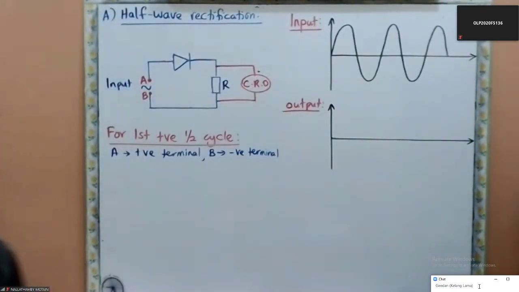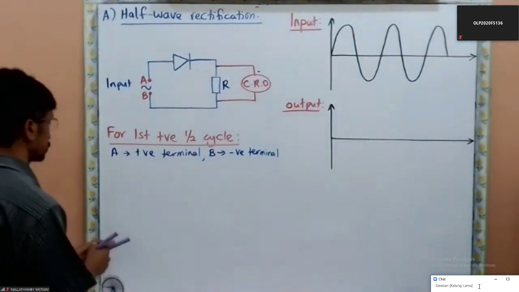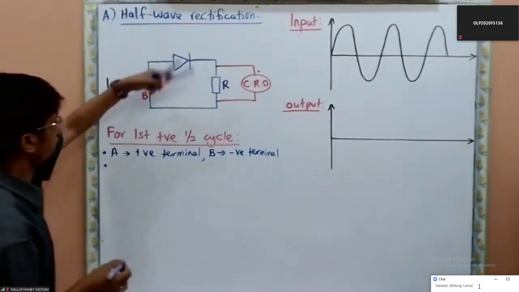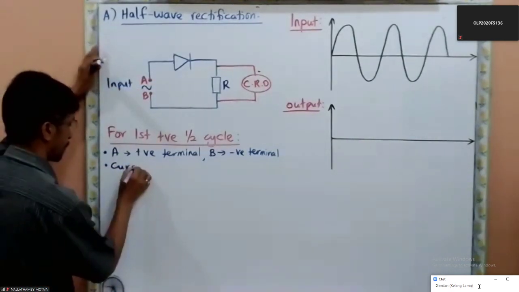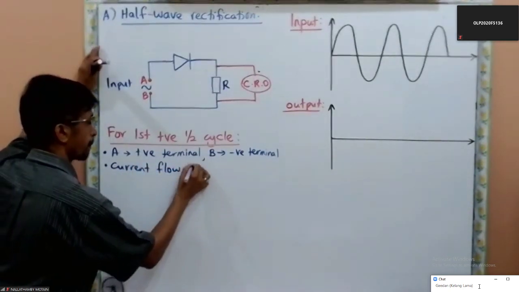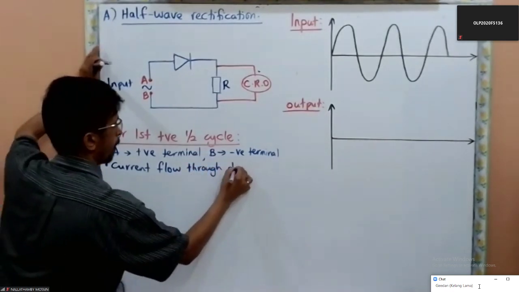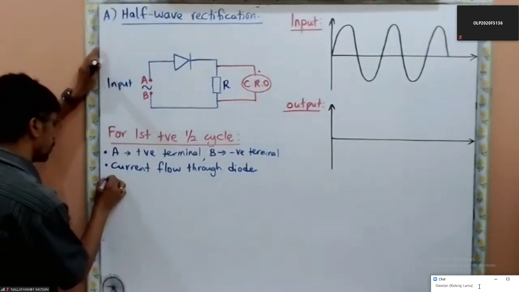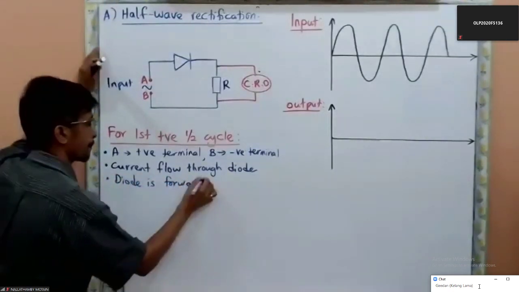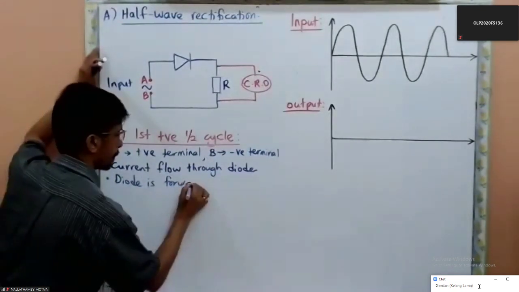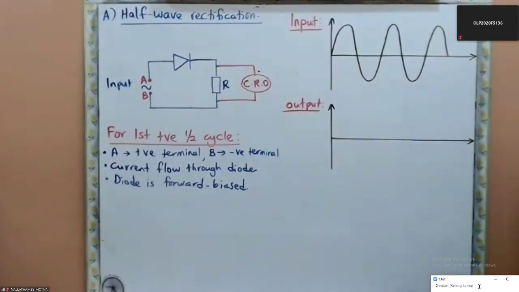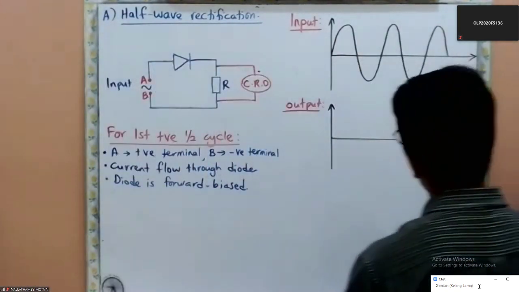Current flows through the diode. The diode is forward biased.